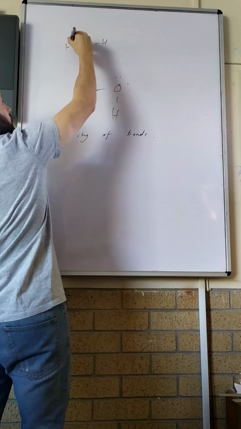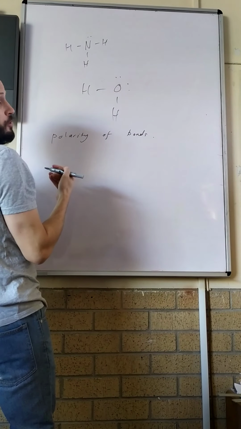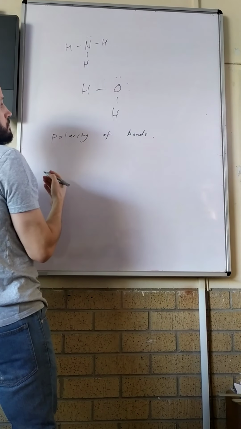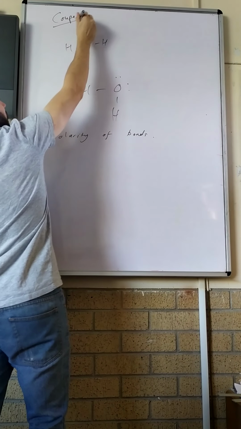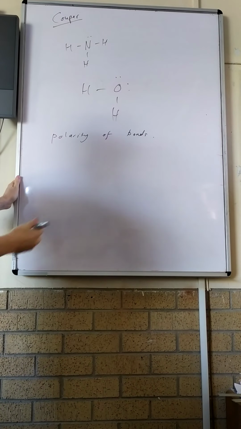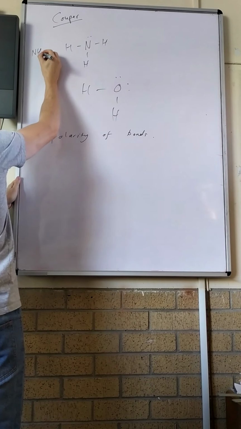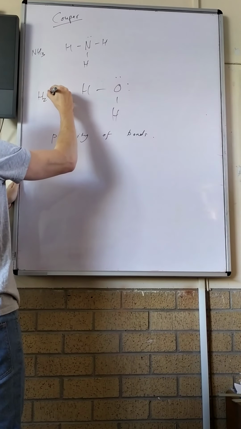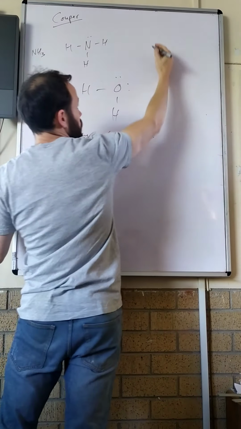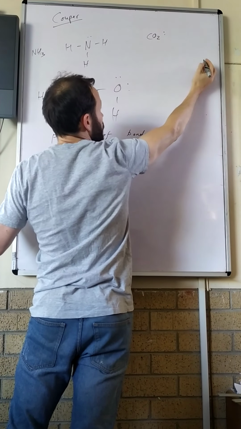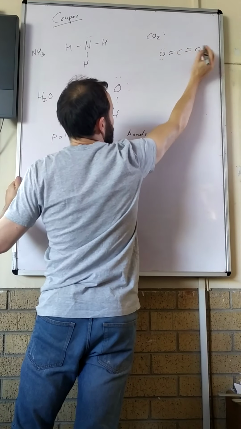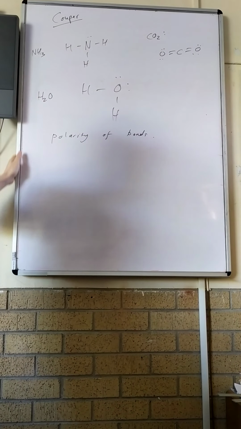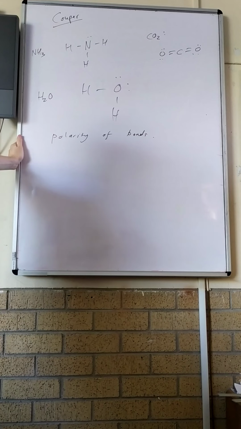NH3, that's a Couper diagram of ammonia. Now this is NH3, this is H2O, and then another relevant example is CO2. Couper diagram, C double bond O, double bond O.